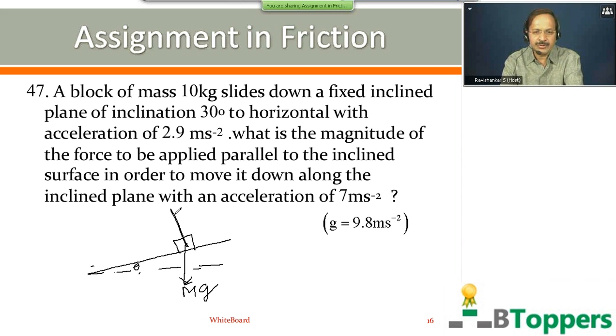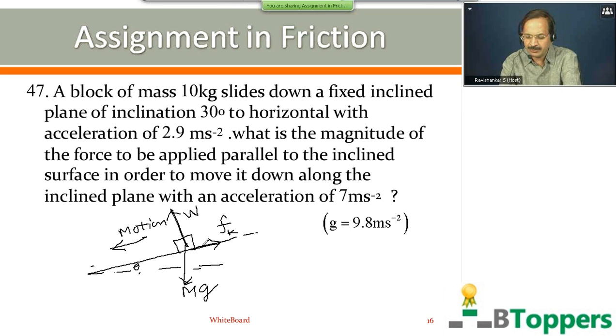Then normal reaction force on the block by the inclined surface acts perpendicular to the inclined surface and directed away from the inclined surface. The force of kinetic friction on the block acts up along the inclined surface, opposing the motion of the block relative to the inclined plane.